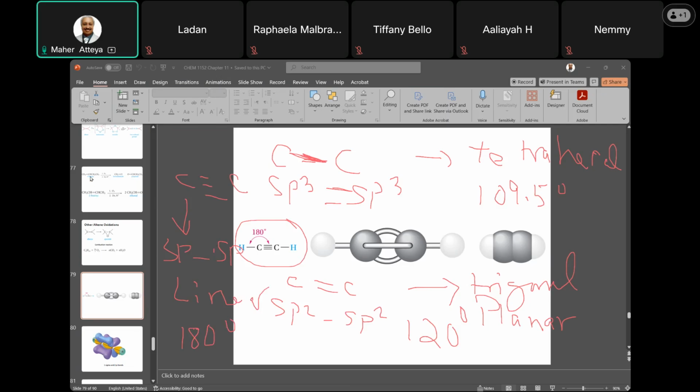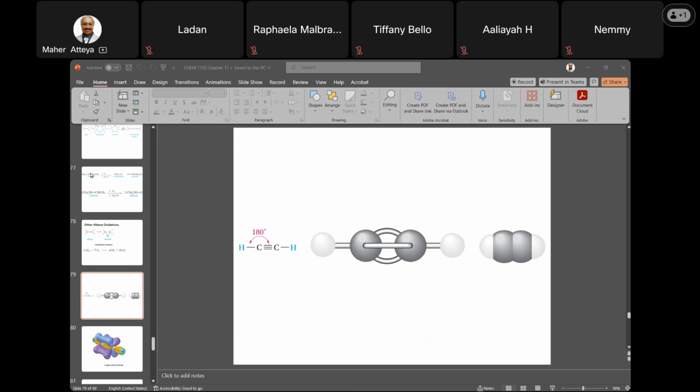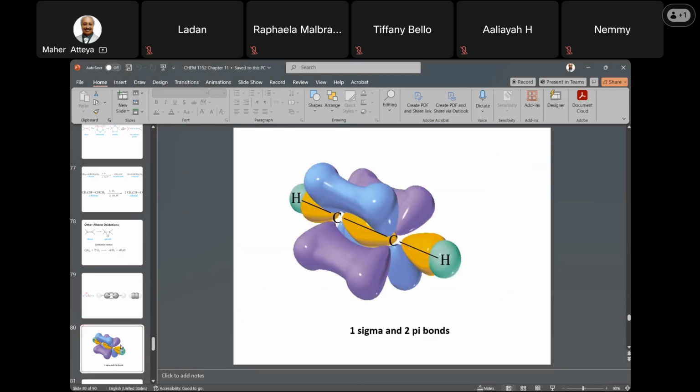So that's about the sigma, and all this one sigma, that's a triple bond. It has 2 pi bonds here, as I said, and 1 sigma bond, 1 single bond. Sigma means single, and the pi bond means double.